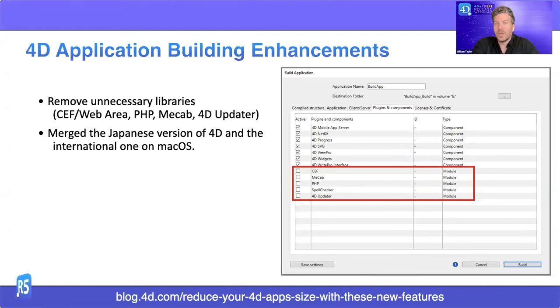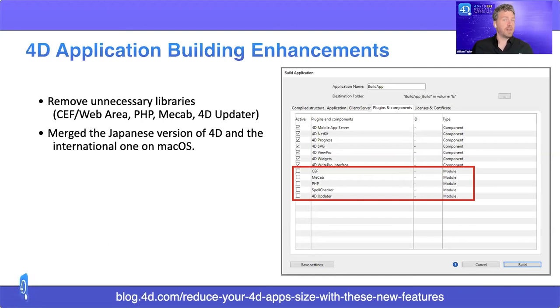For starters, you can remove unnecessary libraries from your application, such as CEF or the web area, PHP if you're not using it, MeCab if you're not deploying your application in the Japanese language, or 4D Updater if you're not using 4D Updater, to reduce the size of your applications.